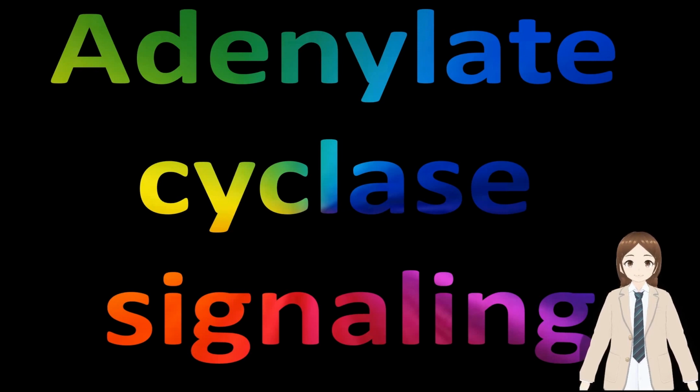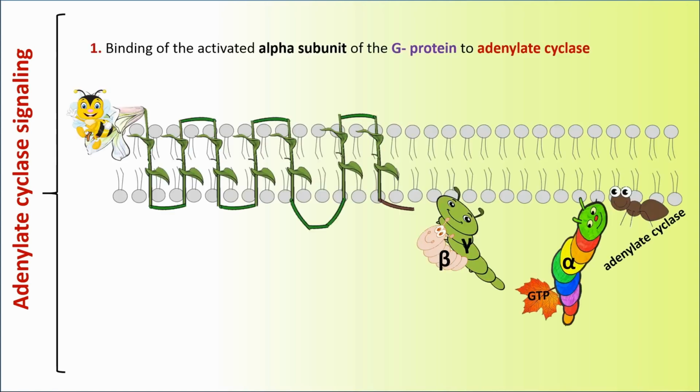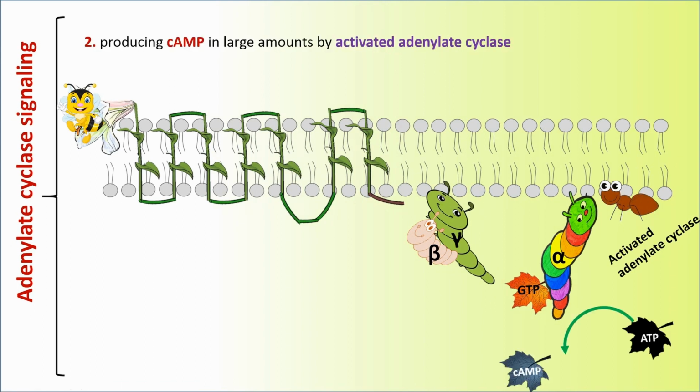Adenylate cyclase signaling. Step 1, binding of the activated alpha subunit of a G protein to adenylate cyclase. Step 2, producing cAMP in large amounts by activated adenylate cyclase.